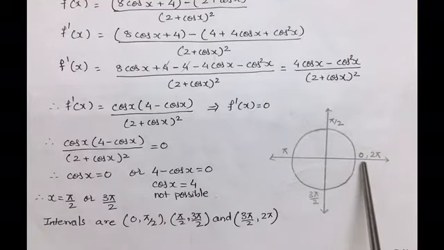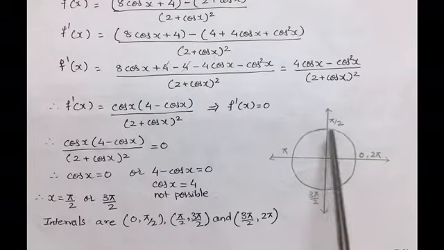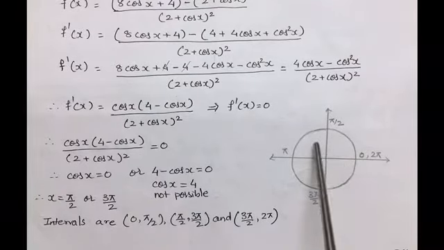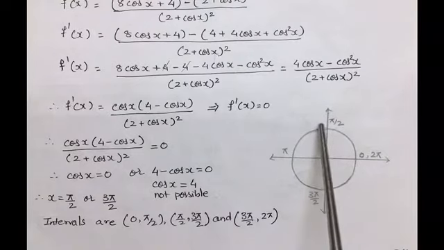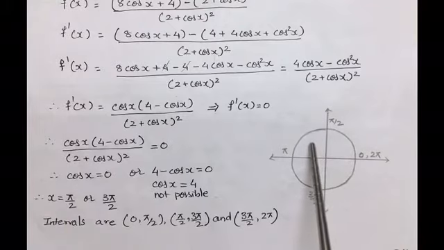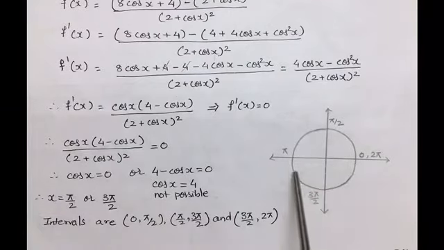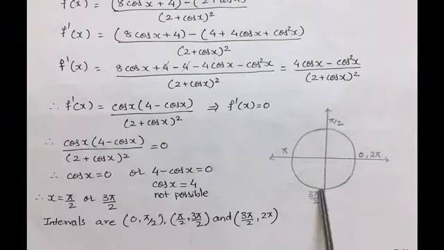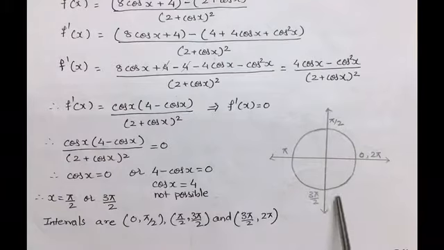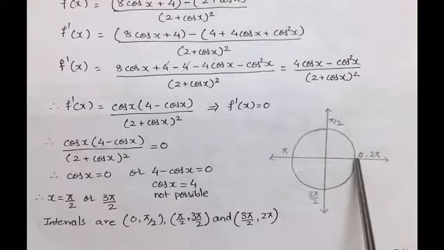The first interval will be 0 to pi by 2, that is the first quadrant. Second interval we can take directly from pi by 2 to 3 pi by 2. Reason: cos is negative in the second and third quadrant. So we can take it directly pi by 2 to 3 pi by 2. Now the third interval will be 3 pi by 2 to 2 pi.